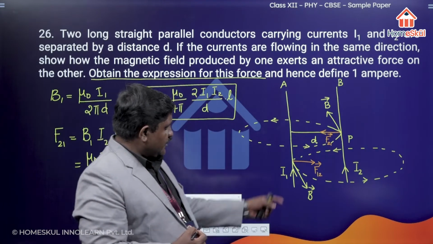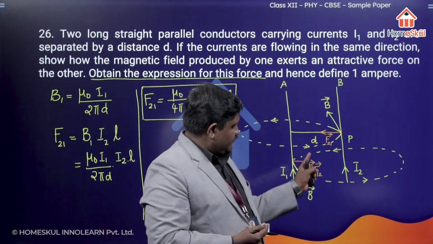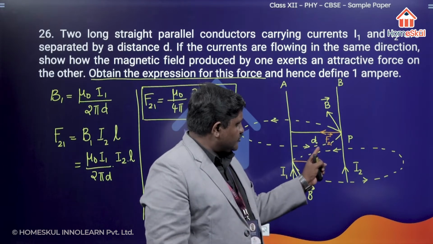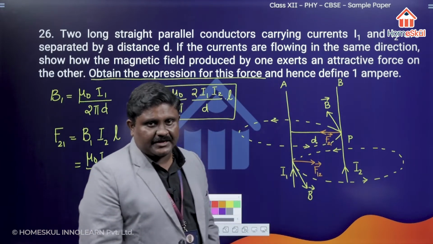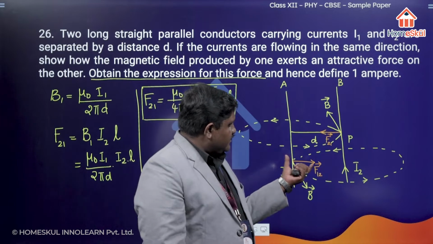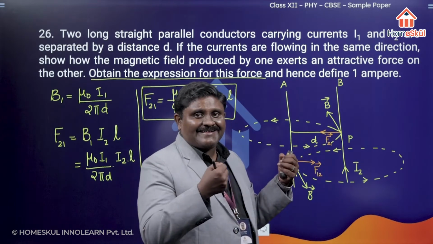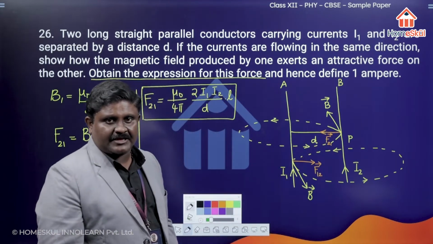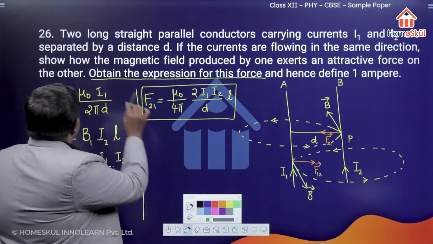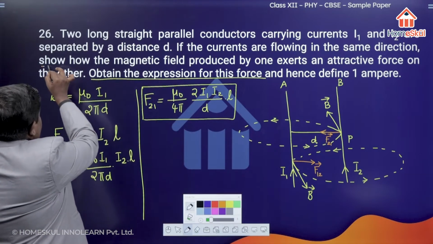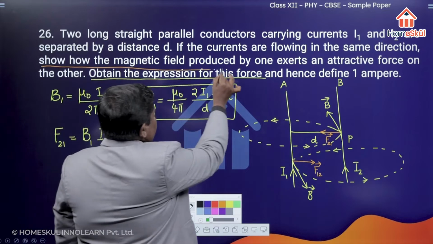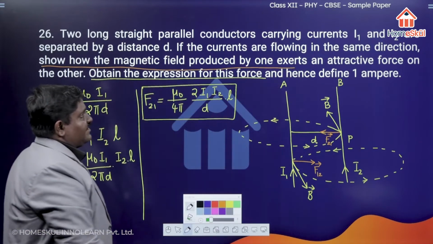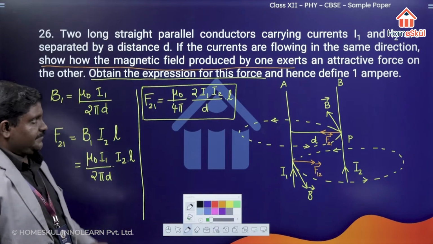Clear? From the directions of F12 and F21, we can see that these two conductors attract each other. So that is the answer for showing how the magnetic field produced by one exerts an attractive force on the other.